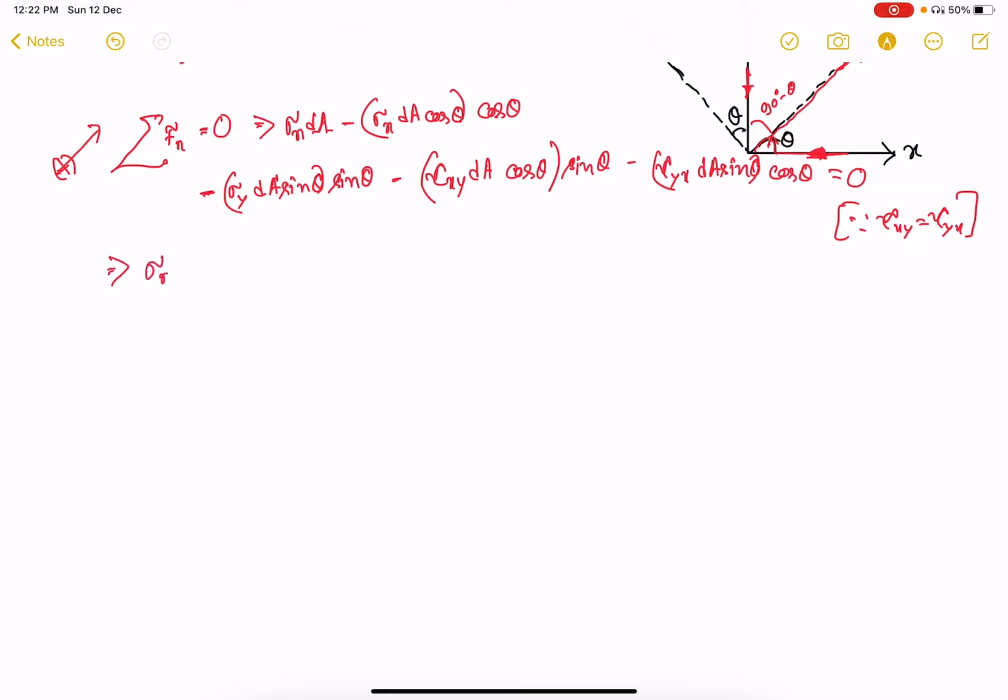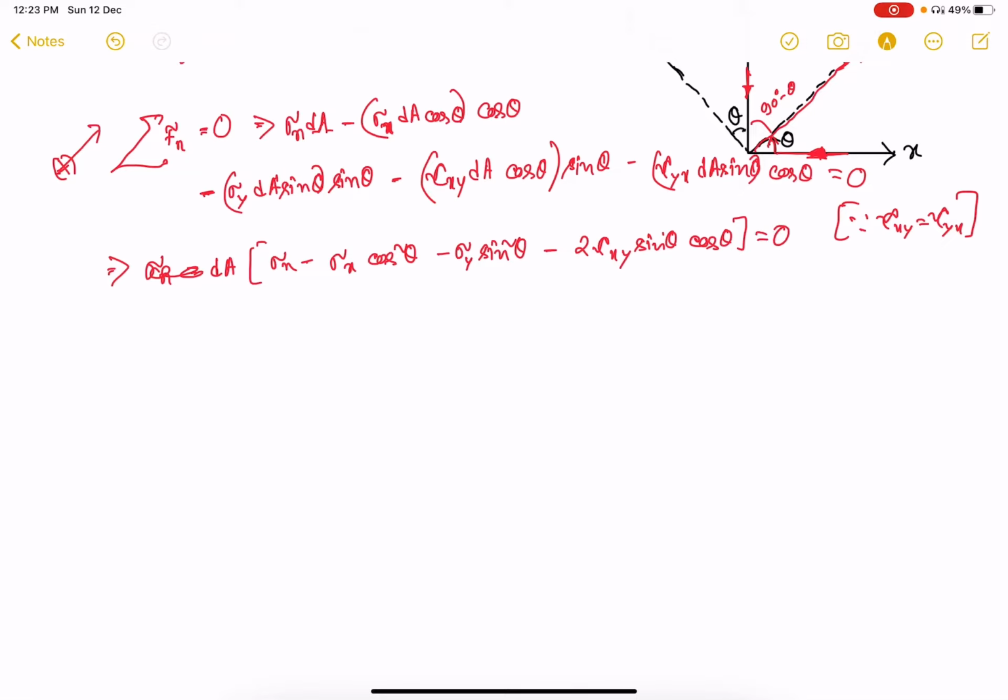So, since the area cannot be equal to 0, if you take dA common, I am writing this step again: dA common, sigma n minus sigma x cos square theta minus sigma y sin square theta minus twice tau xy sin theta cos theta is equal to 0.